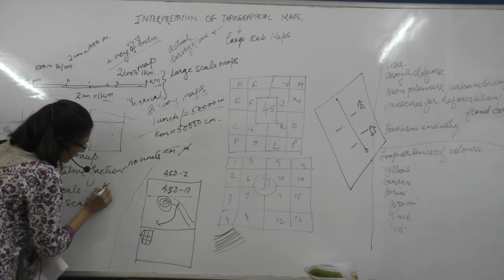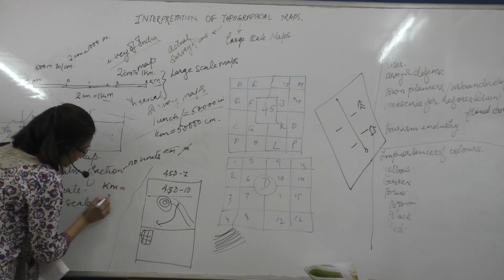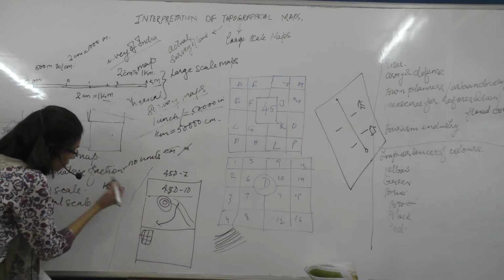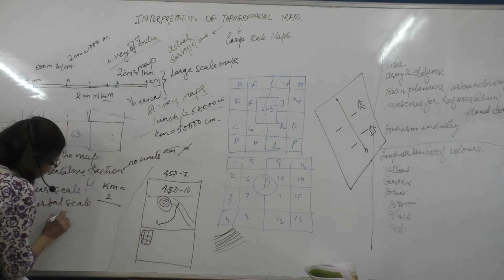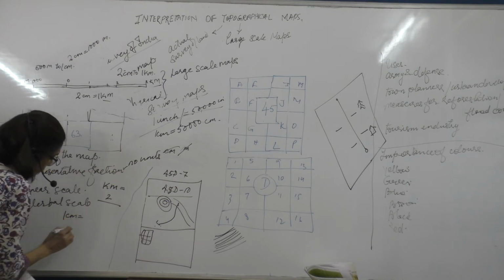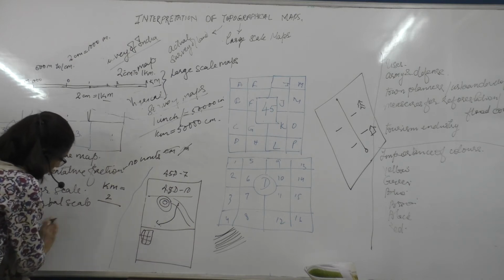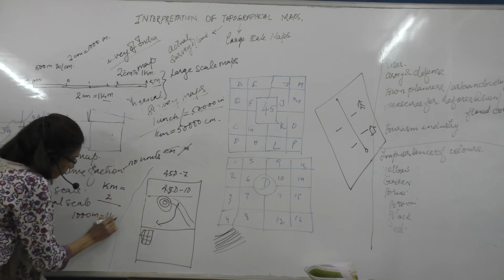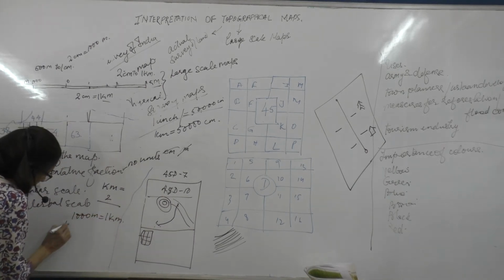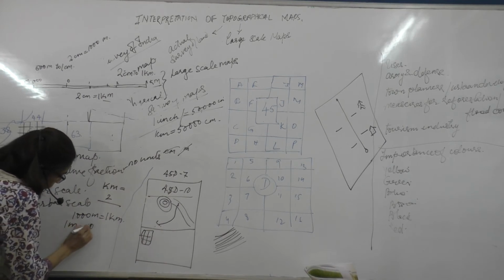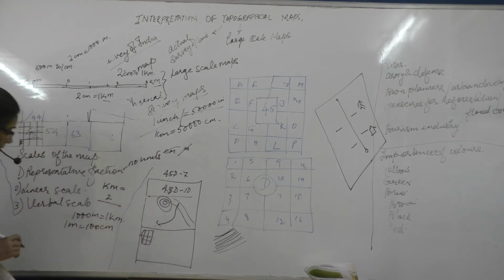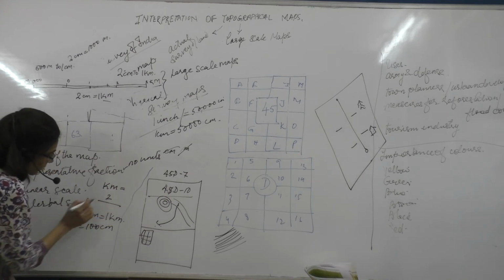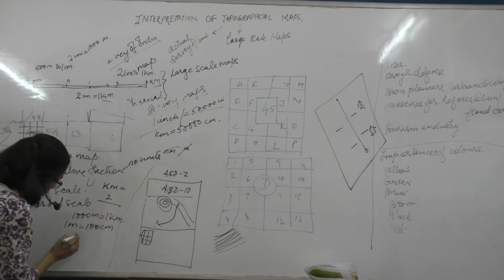We have converted kilometers into centimeters. So 1000 meters is equal to 1 kilometer, and 1 meter is equal to 100 centimeter.